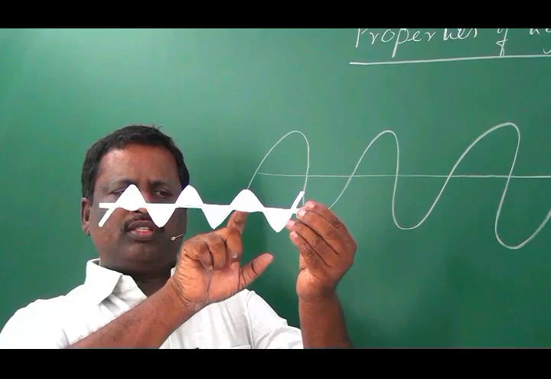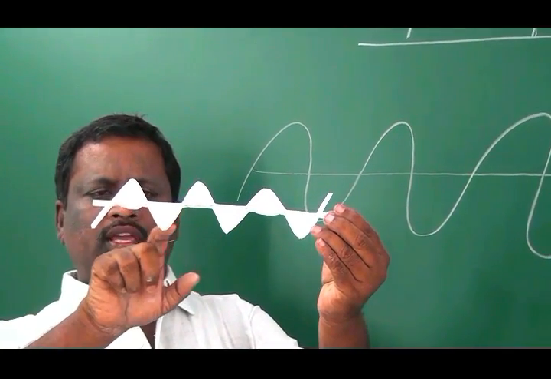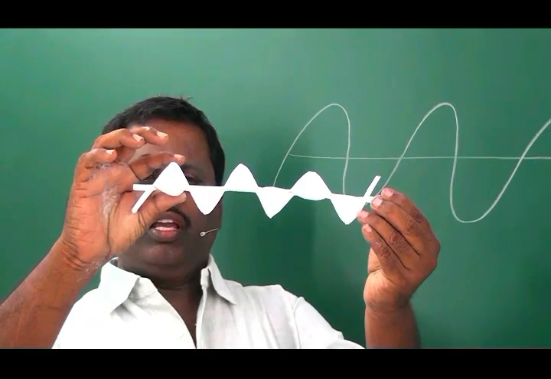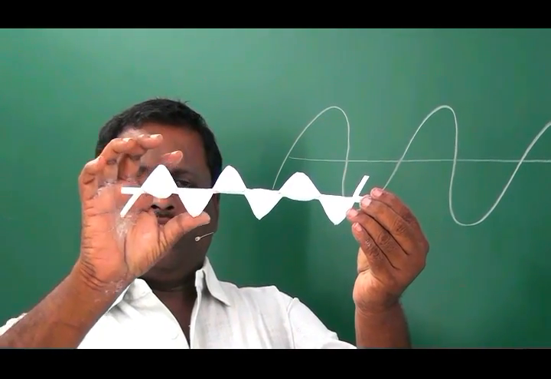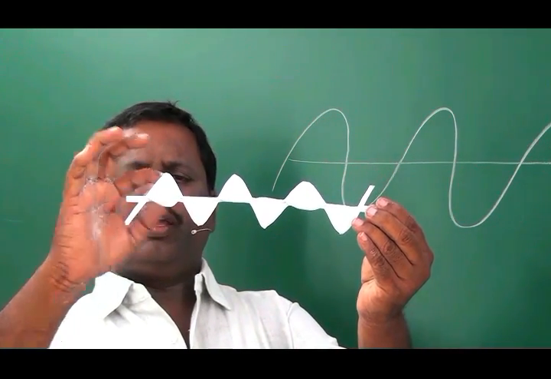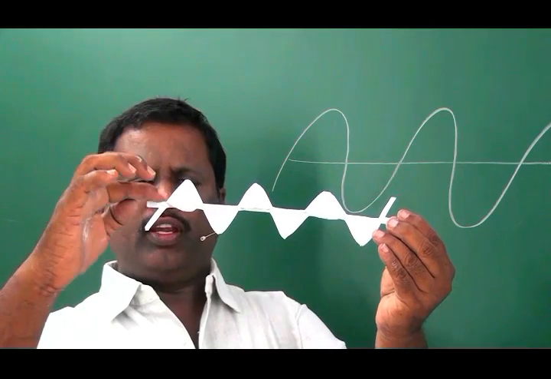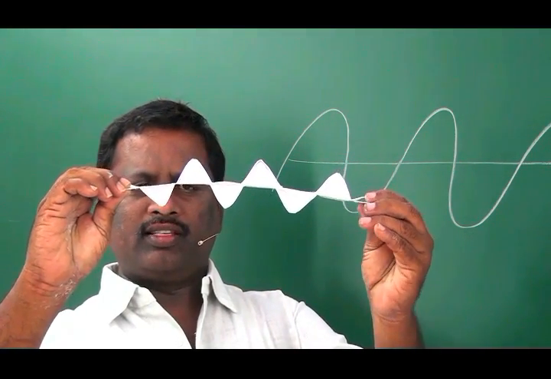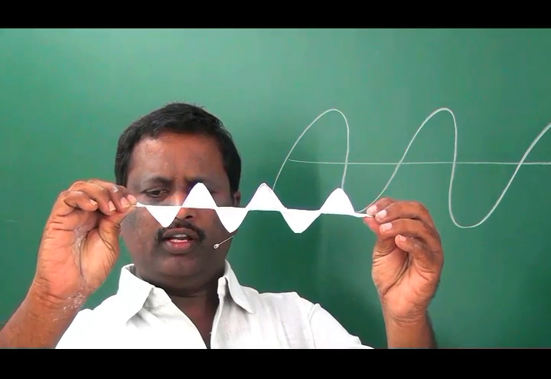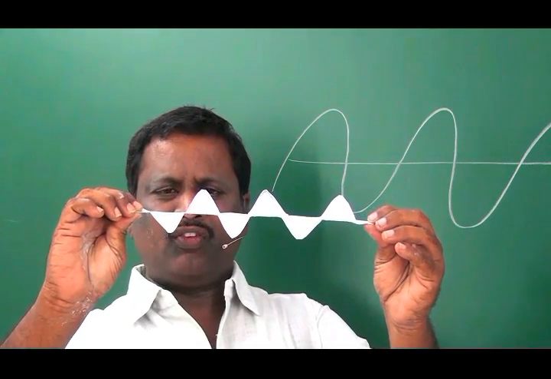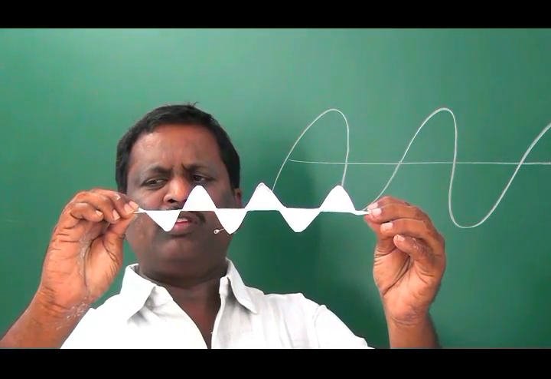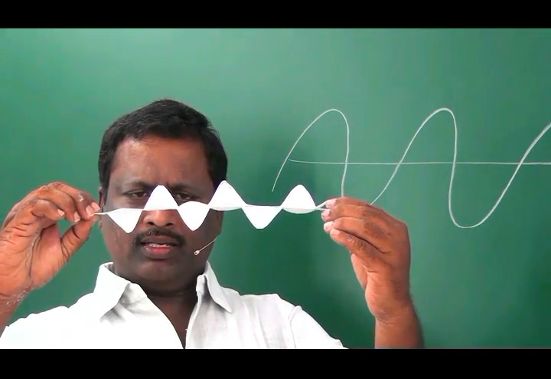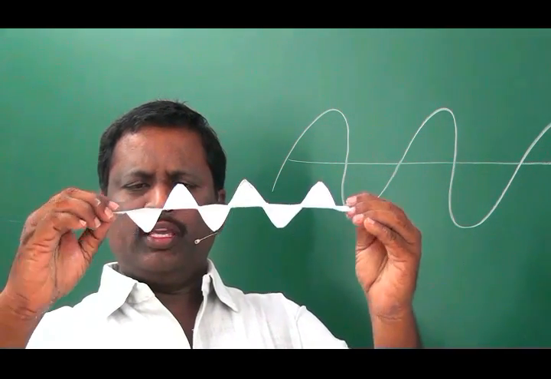If this structure indicates the electric field, then perpendicular to this field, if you tilt it like this, you have a magnetic field. Both are similar, but they are perpendicular to each other.